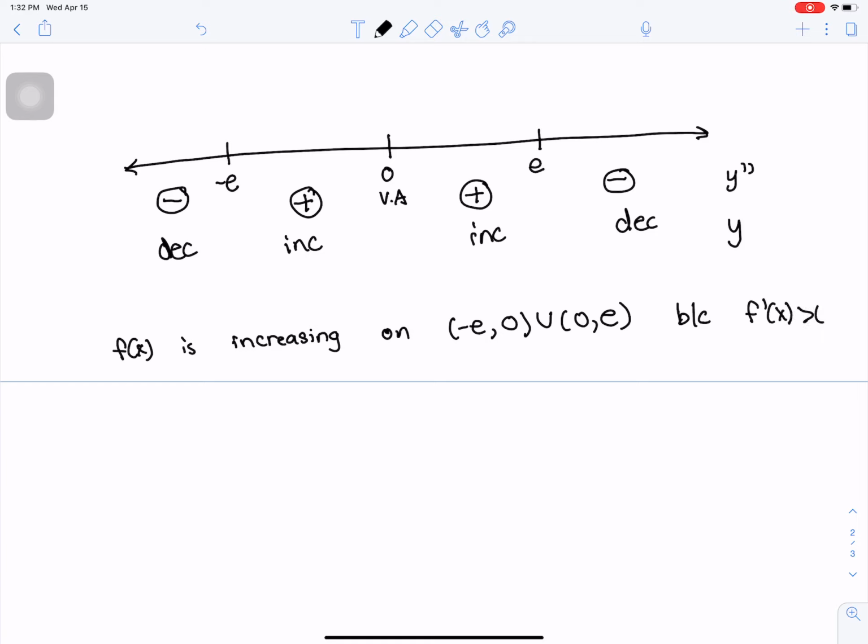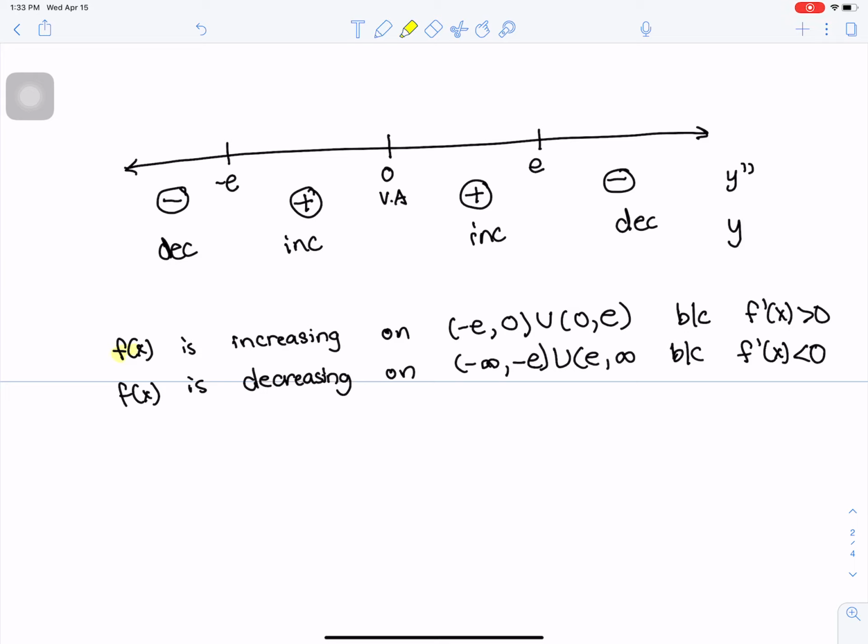And f of x is decreasing on negative infinity to negative e union e to infinity, because f prime of x is less than 0. So those are part of my solution.